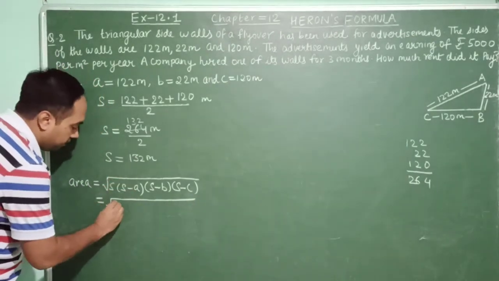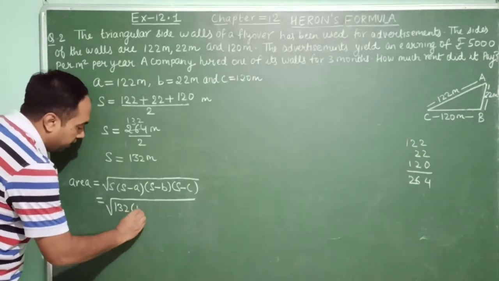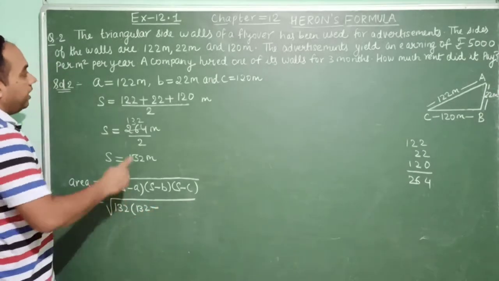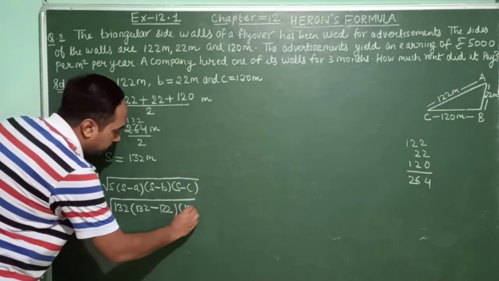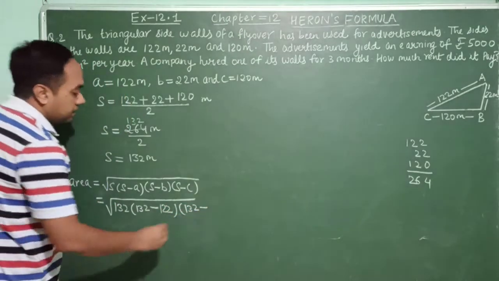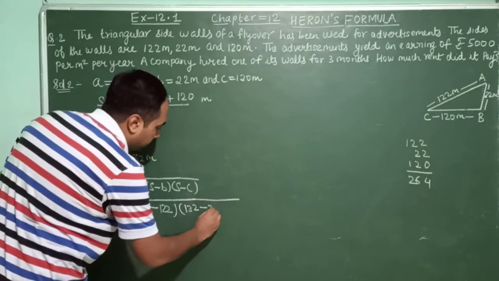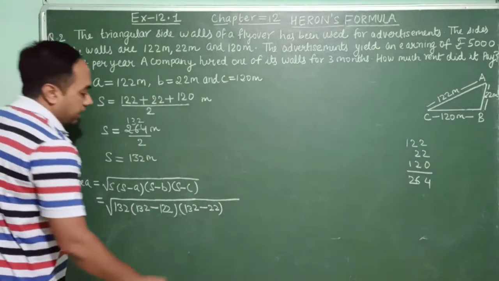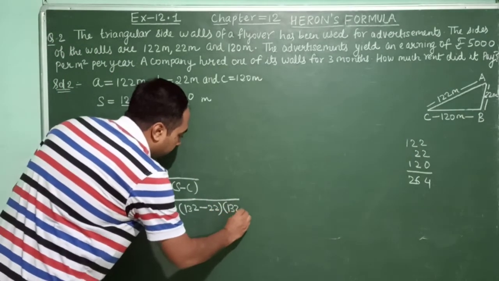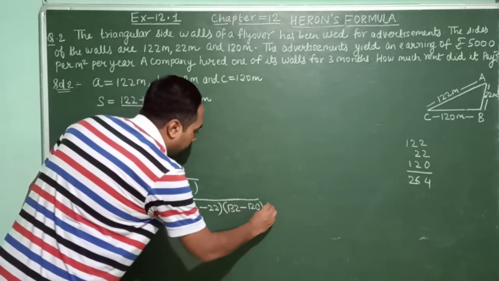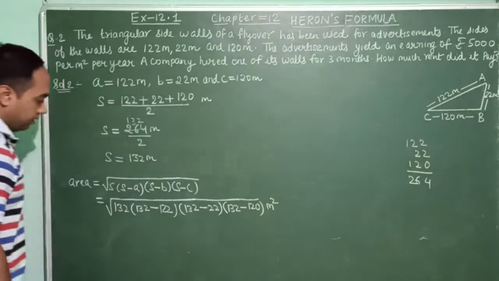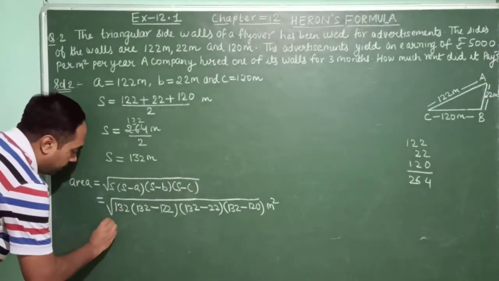So S is 132. Then 132 minus A, which is 122. Then again S is 132 and B is equal to 22 meter. Again S is 132 and C is equal to 120 meter. Outside write meter square.